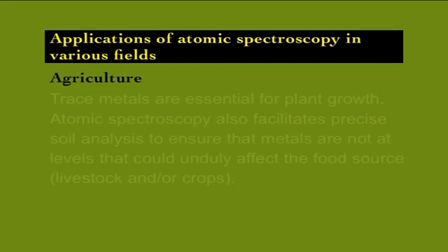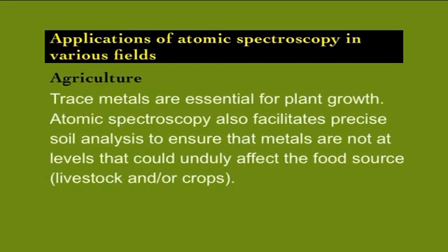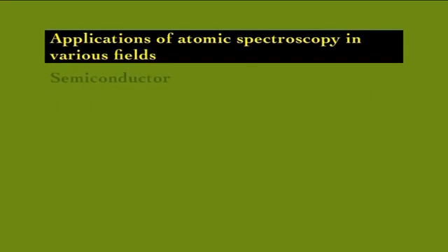Agriculture. Trace metals are essential for plant growth. Atomic spectroscopy also facilitates precise soil analysis to ensure that metals are not at levels that could unduly affect the food source.